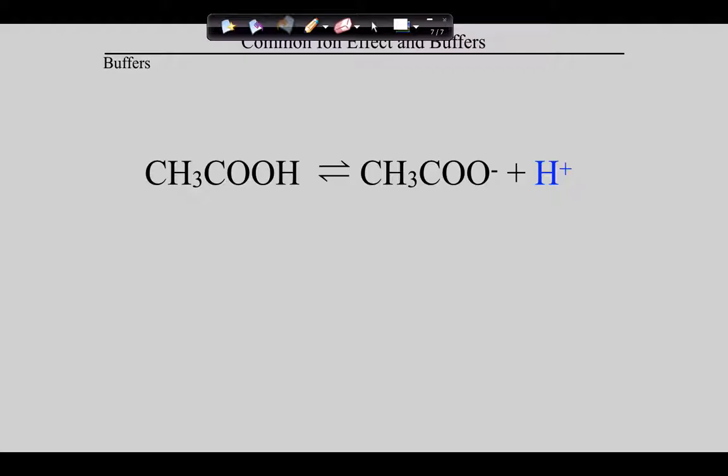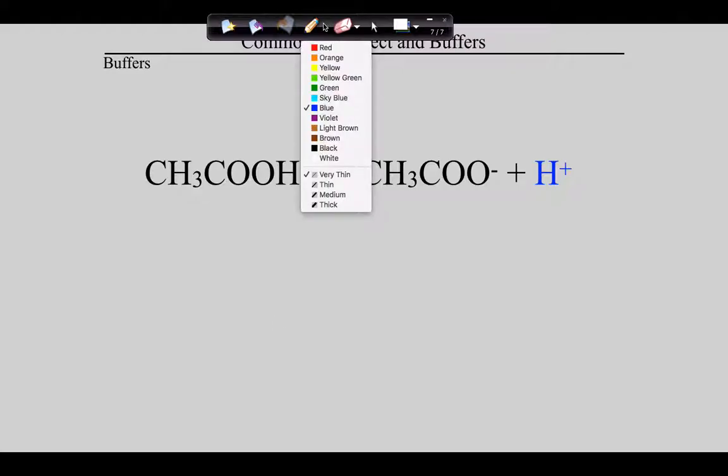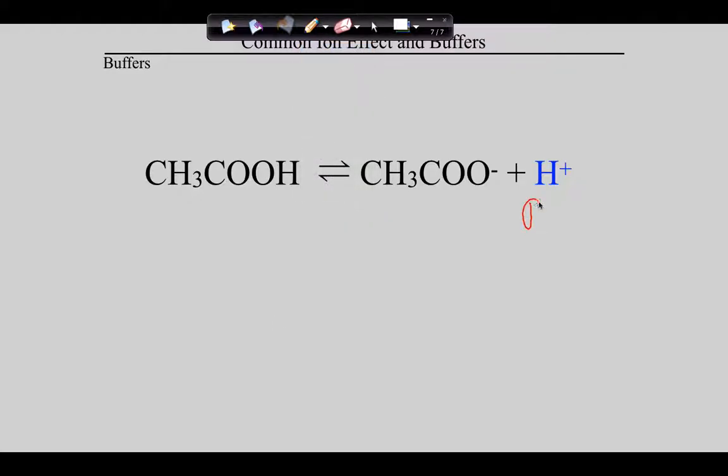So where on the board is pH? It's blue. That's why I made it blue. You want to do this with me. This is pH. So if pH doesn't change, the blue guy had better not change. Because if it does, it ain't a buffer. Now, what can buffers absorb?